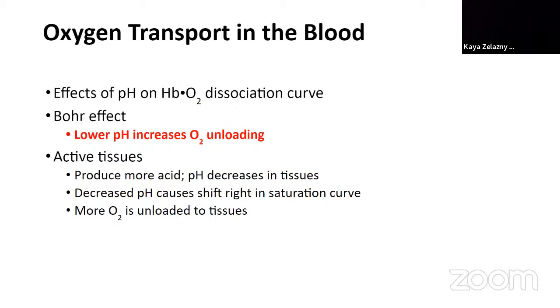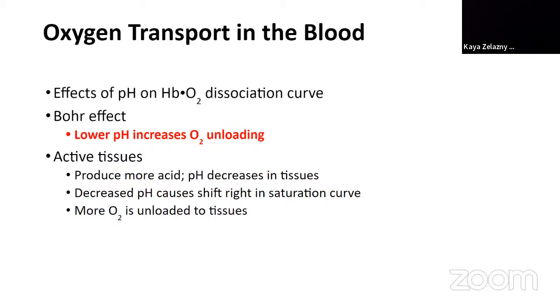So this is helpful because active tissues, so metabolically active tissues, doing cellular respiration, they're actually producing acid as they are doing that process. Carbon dioxide actually counts as a biological acid, and we'll talk about why that is later.